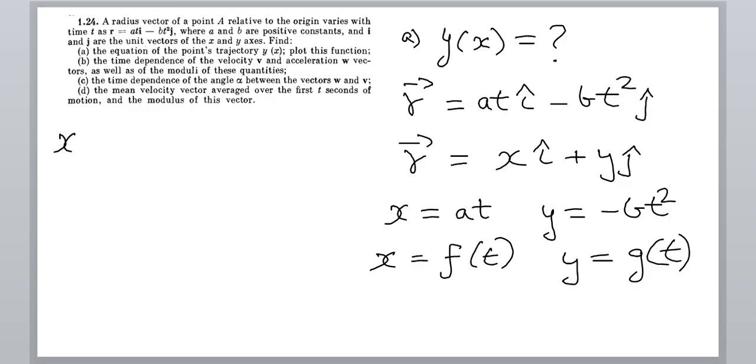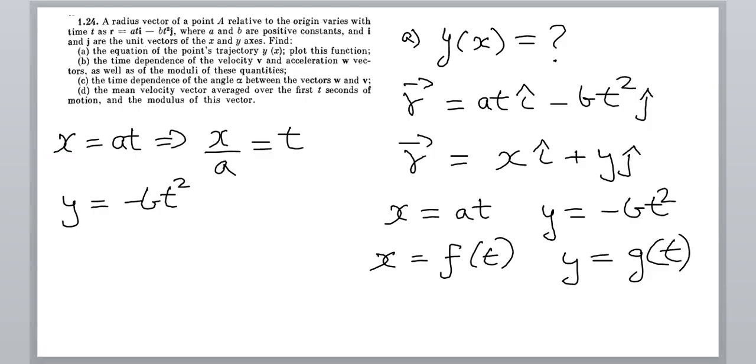See, x is equal to at, so if I divide both sides by a, I'll get x over a is equal to t. Fine. So this is the value of t, and if I substitute this value of t in the second equation, that is the equation for y, I will get y is equal to minus b t squared.